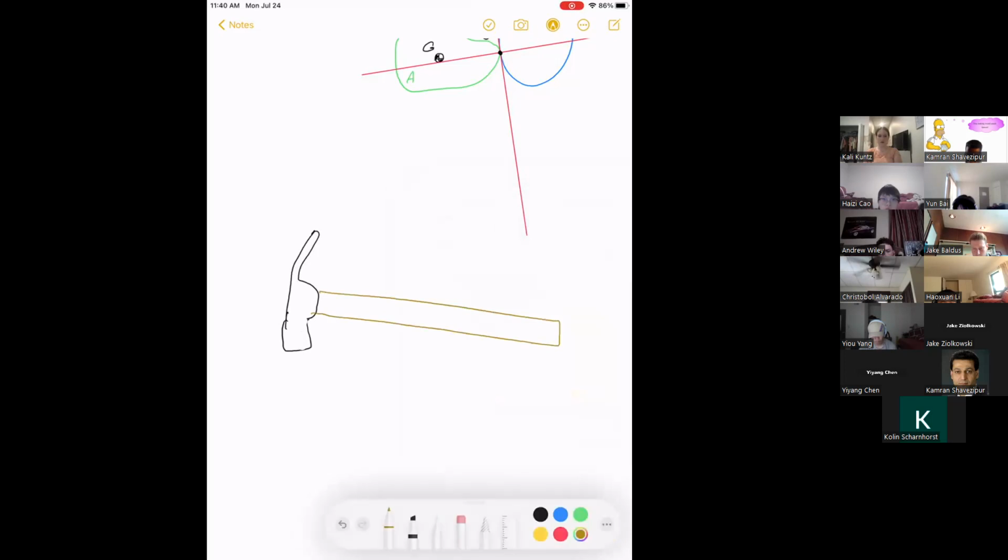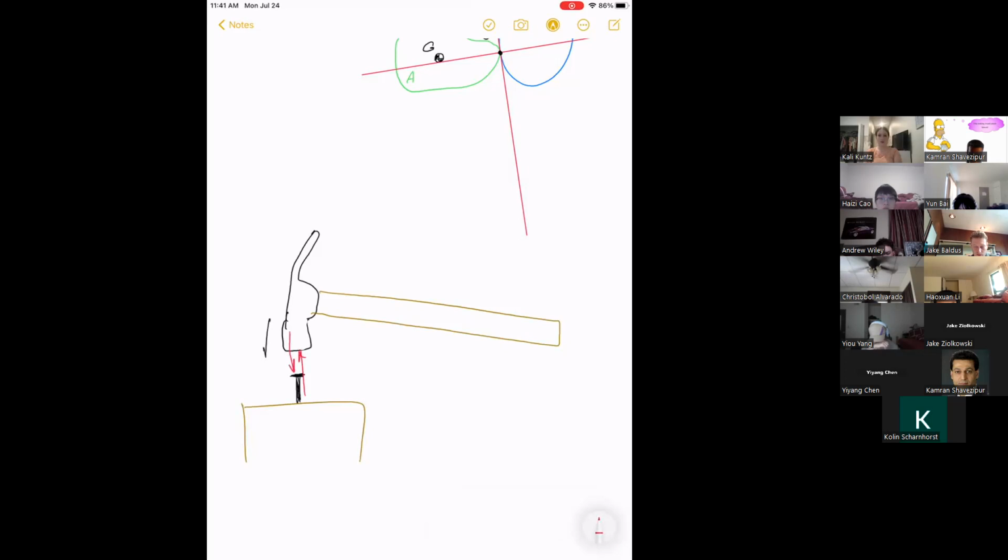And you want to hit a nail, maybe a very thick, big, strong nail that is not going to go into the wood easily. So you have a nail here. What happens when you hit this? There are going to be large impulsive forces between the hammer and the nail.